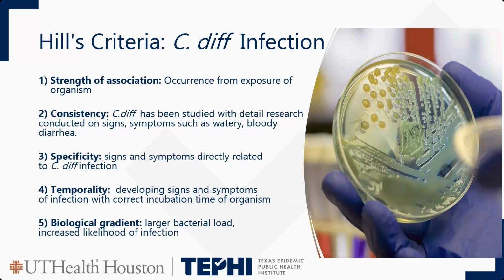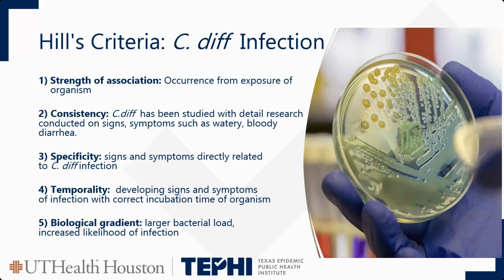C. diff has been studied with detailed research conducted on signs, symptoms of C. diff, which examples are watery or bloody diarrhea. Specificity. Signs and symptoms would have been observed that are directly related to C. diff infections. The next criteria is temporality. Exposure must have occurred prior to developing signs and symptoms and with the appropriate incubation time of the organism.